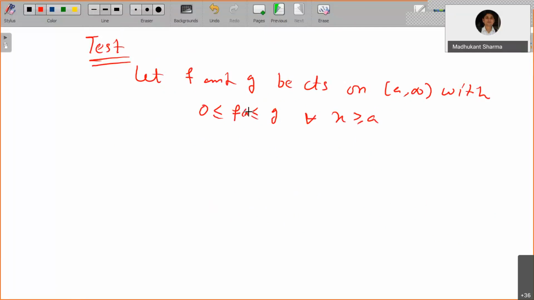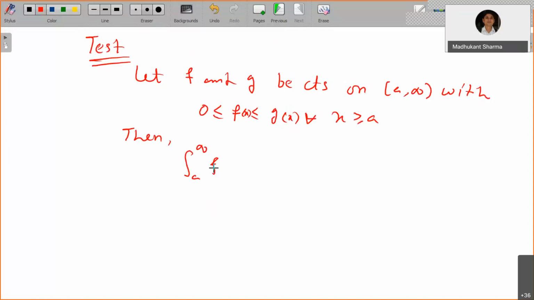So f of x and g of x are such that, as you can guess: if the integral from a to infinity of g converges, then the integral from a to infinity of f converges. If the integral from a to infinity of f diverges, then the integral from a to infinity of g diverges. That's very straightforward.